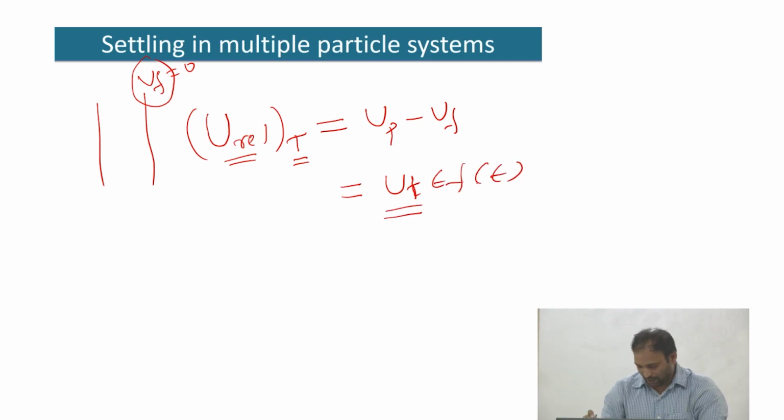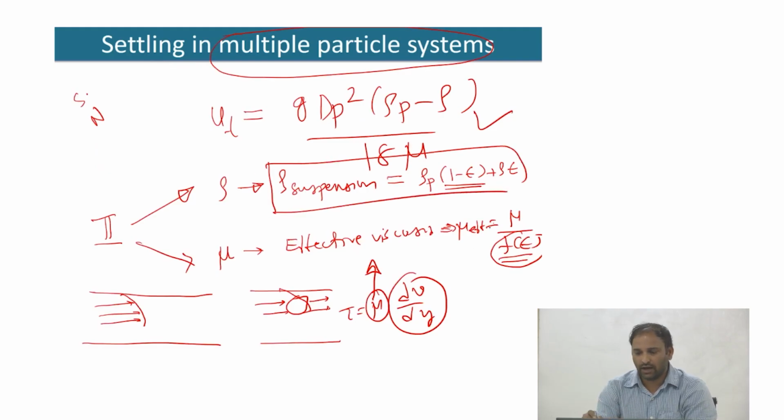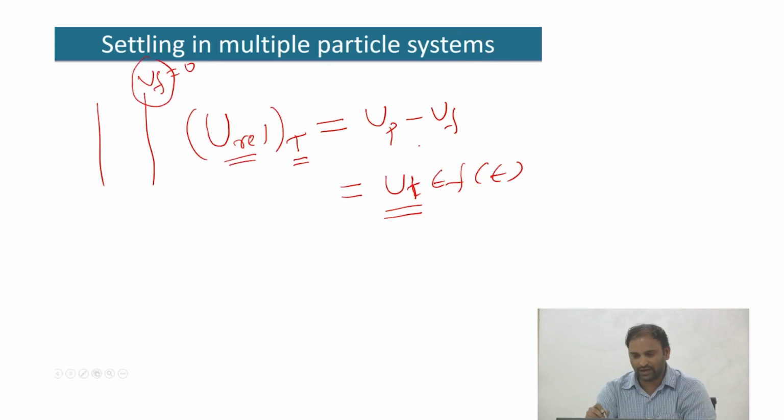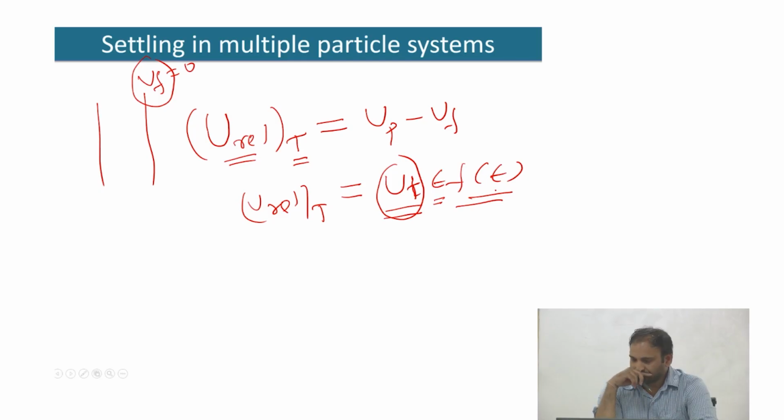If you go back to this expression, substitute for rho in terms of rho suspension, and then replace mu with mu effective. So that's what you will end up with. Your U relative terminal is going to be the settling velocity under free settling conditions multiplied by epsilon times f of epsilon.